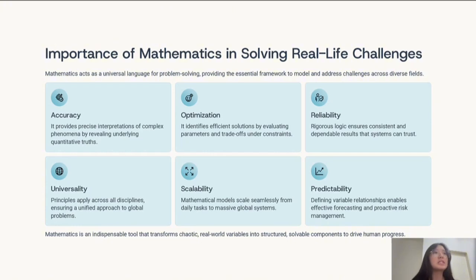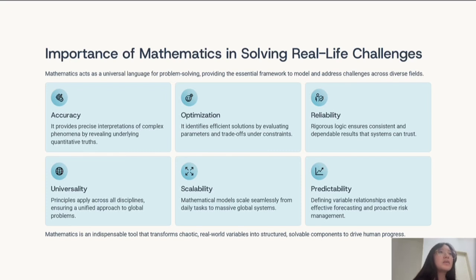Importance of mathematics in solving real-life challenges. Mathematics acts as a universal language for problem-solving, providing the essential framework to model and address challenges across diverse fields. Accuracy: it provides precise interpretations of complex phenomena by revealing underlying quantitative truths.